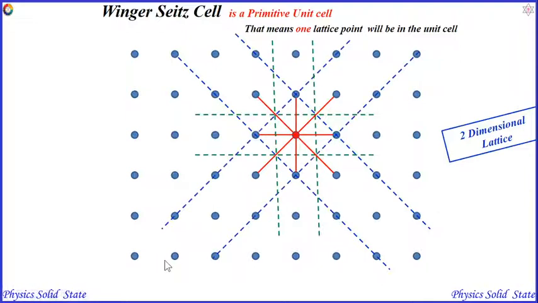Now from this figure, after drawing all the normals, we found this area has been formed due to these two normals and these two normals, and another area has been formed due to these two normals and these two normals.